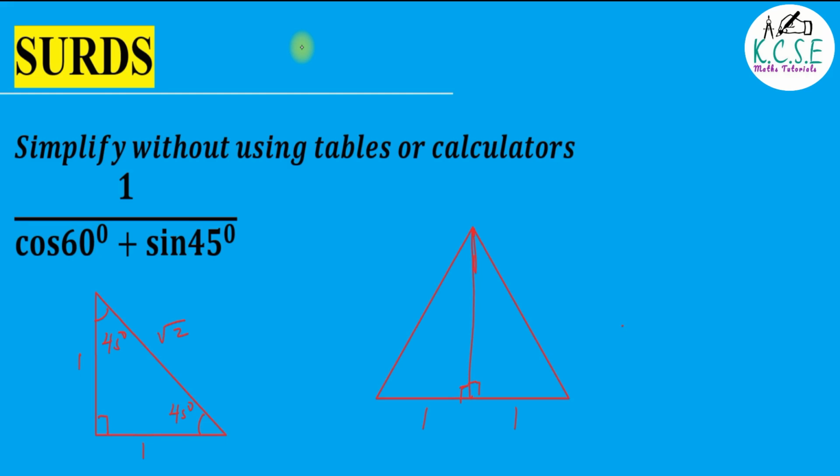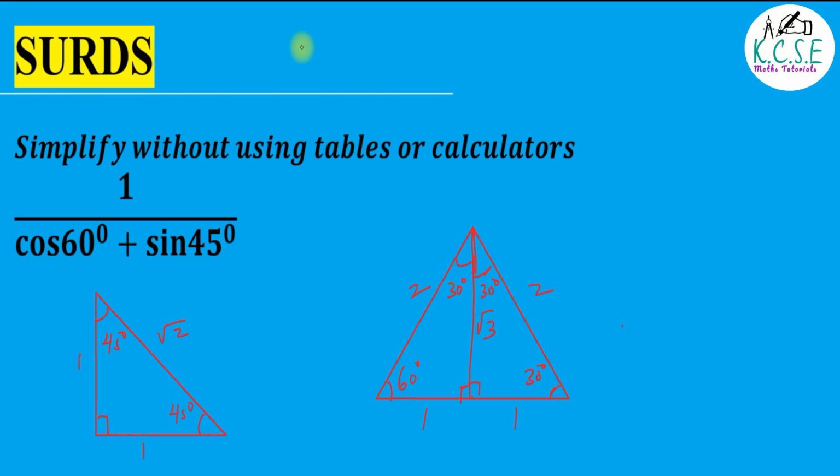This one will be 2, this will be 2, the height will be root of 3. We're just sketching this. Since this one is an equilateral, this will be 60 degrees, this will be 30 degrees, and this will be 30 degrees.